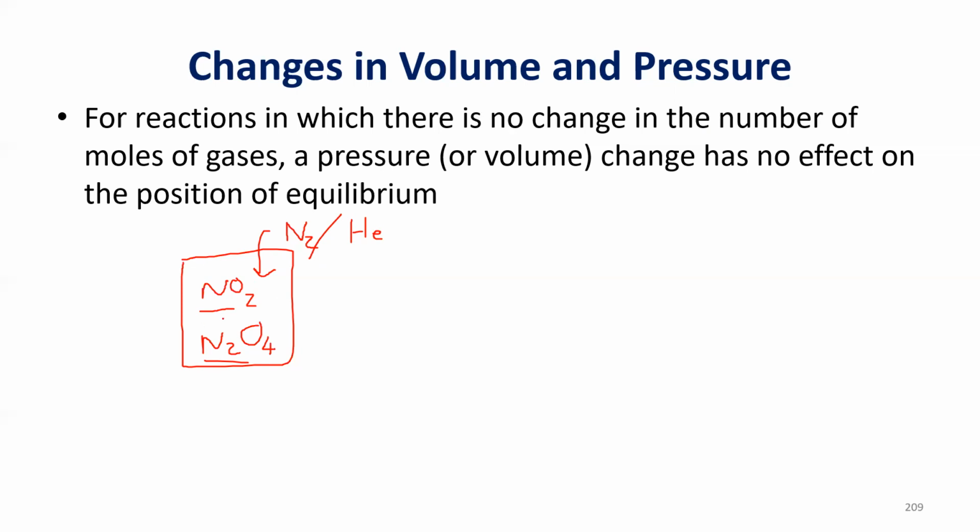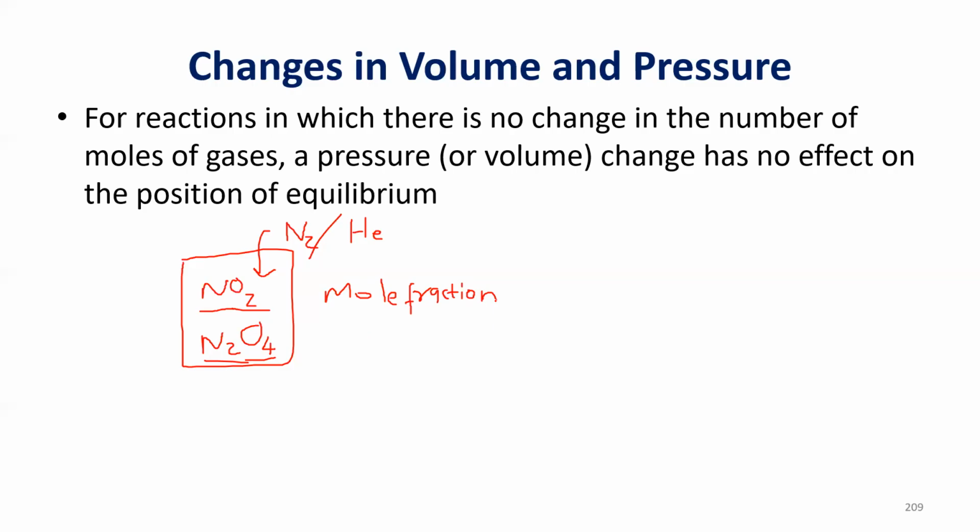So for example, you want to introduce nitrogen into this system, or helium. These gases will not react with the species in the system, but they will increase the pressure of the system. What happens to the reacting gases that we are considering here is that only their mole ratio, or mole fraction for that matter, will change, but their concentrations will be the same because the volume has not changed and the number of moles are also the same.